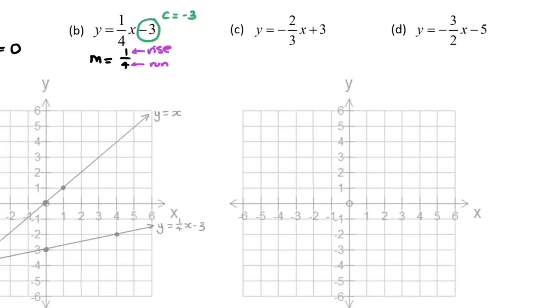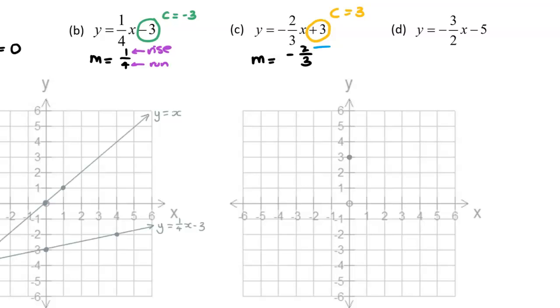Okay, next 2 to do. Firstly, we can look at this first one here and say, c has got to be equal to 3. So let's be organised, use our pencil to plot that there. Now the gradient of this line, m equals negative 2 over 3.